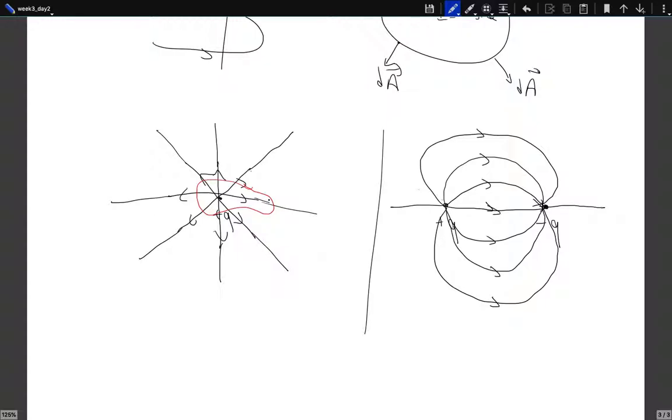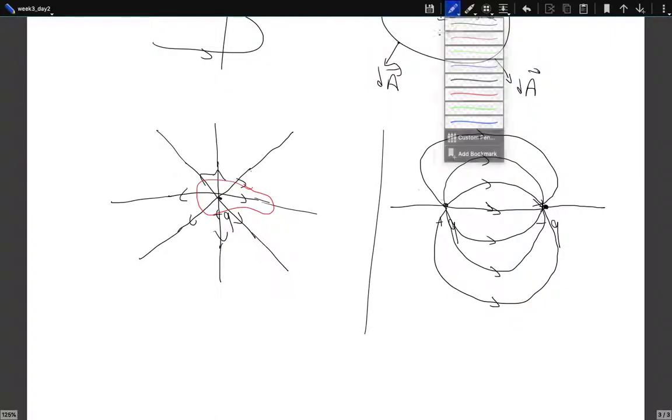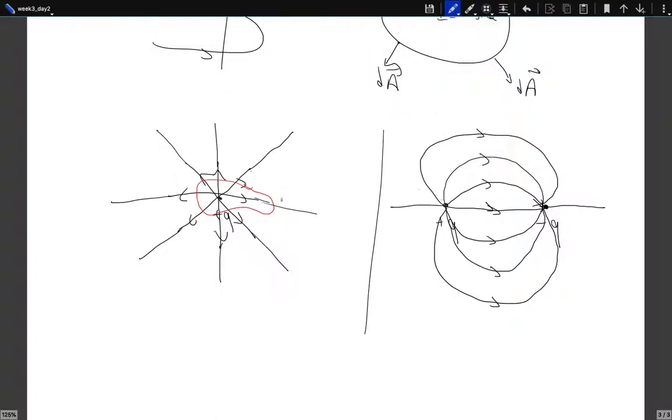Imagine there's just a closed area, not just a line. Well, there are 8 of them. 1, 2, 3, 4, 5, 6, 7, 8. So the flux is 8.